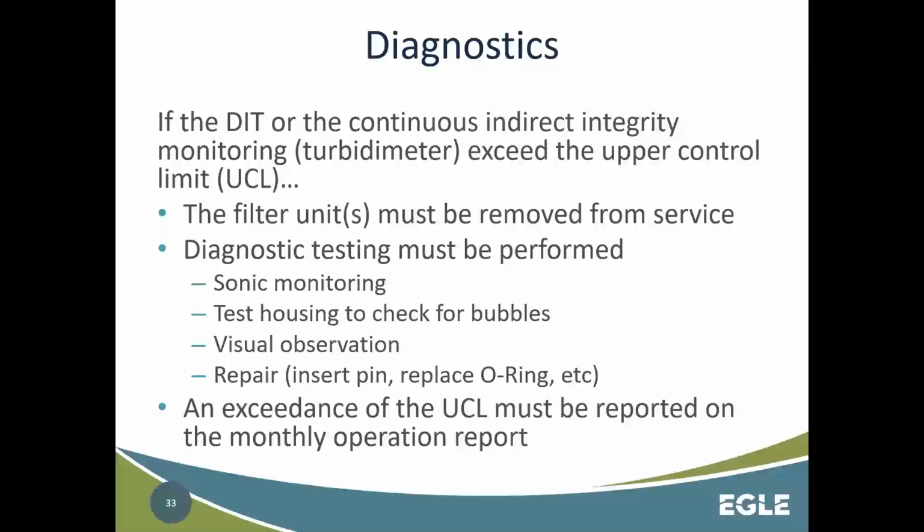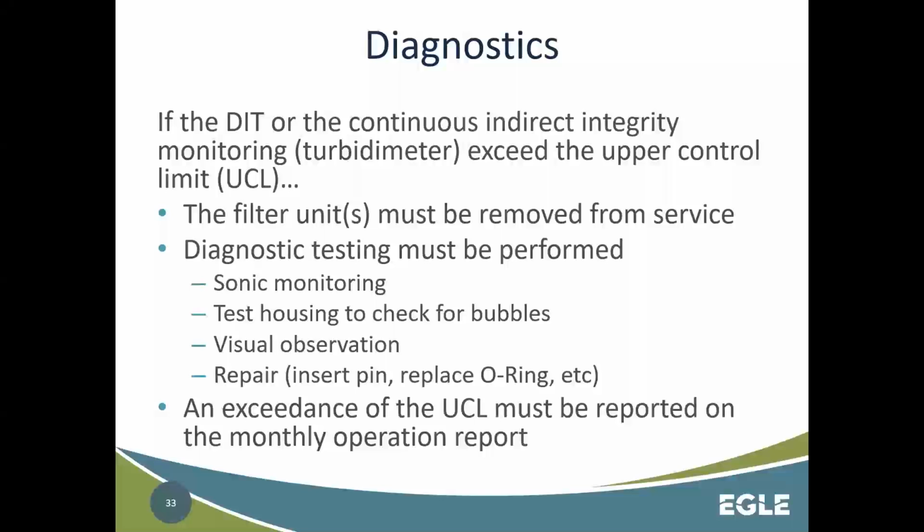All right, so given the number of fibers that you have packed into one of those modules, and then the number of modules you have per filter unit, and then the total number of filter units, a single breach in a module might not even be detected during your direct integrity test, and certainly not with your turbidimeters.